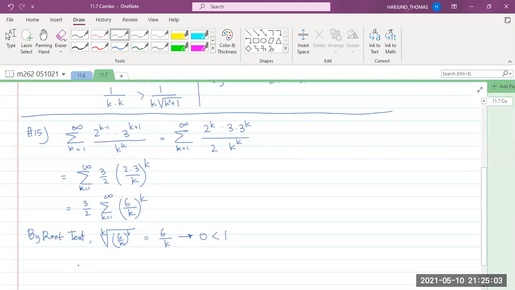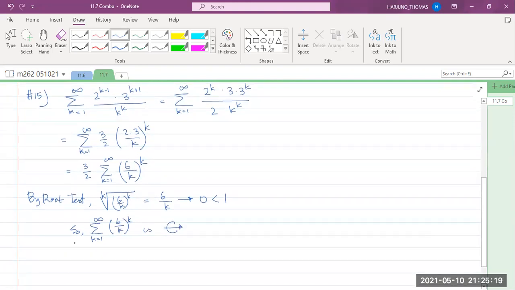So by the root test, as we have mentioned earlier, the series of 6 over k to the k from 1 to infinity is convergent. Multiplied by 3/2, it is still convergent.